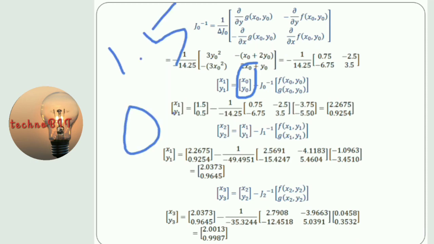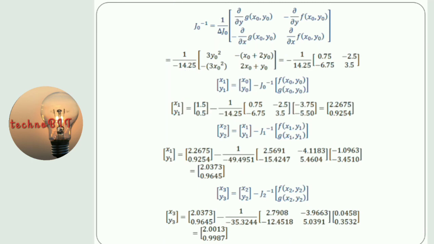Then we have to calculate the value of f of x naught y naught and g of x naught y naught, simply putting the values of x and y into the functions f and g. After that we have to calculate the inverse of the Jacobian matrix. So this much calculation we have to do in each and every iteration. Let's have a look at how to do it.